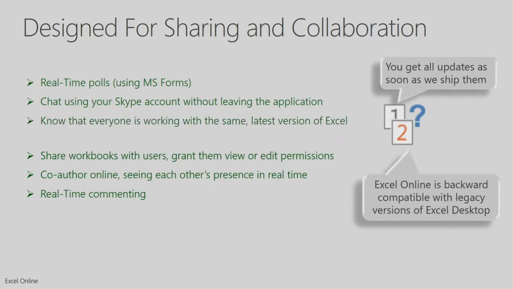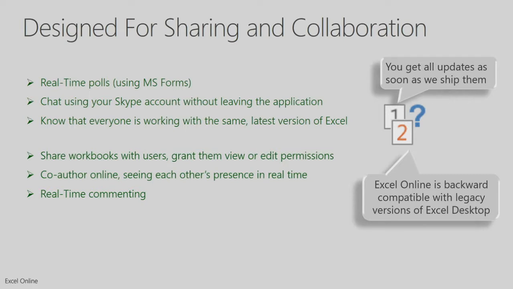Last but not least, as IT people, you all know that there's this worry about having different versions of Excel used for editing one workbook, and whether or not it will work. So with Excel Online, all of your users use the latest version, always up to date.